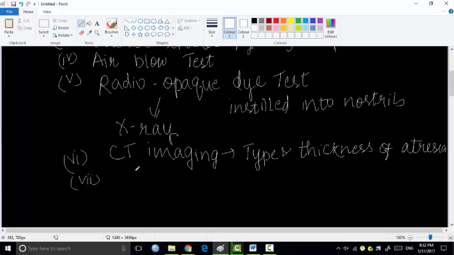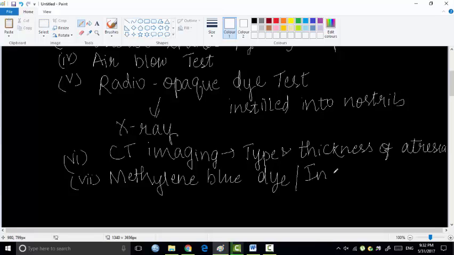And as we said, for the radio opaque dye test, the dye which can be used is methylene blue, or Indian ink can be used, right, to know the patency of the choana.